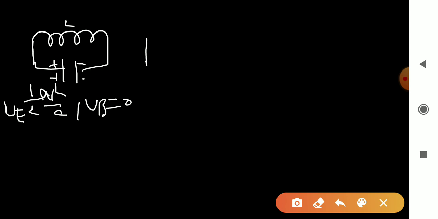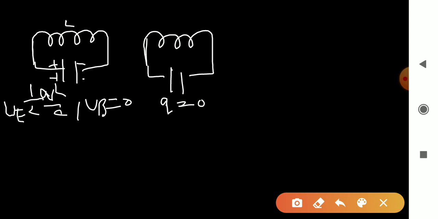And in this figure, the capacitor is discharging through the inductor, Q equal to 0. As the charged capacitor starts discharging through the inductor, a discharging current begins to flow in the clockwise direction, right? In the circuit, as a result, the energy stored in the capacitor starts decreasing, but the energy stored in the inductor starts increasing.